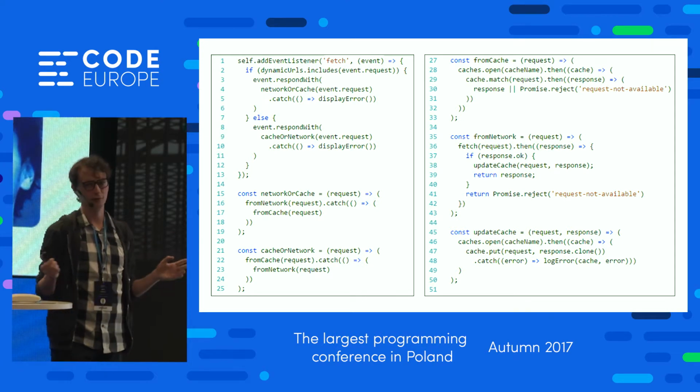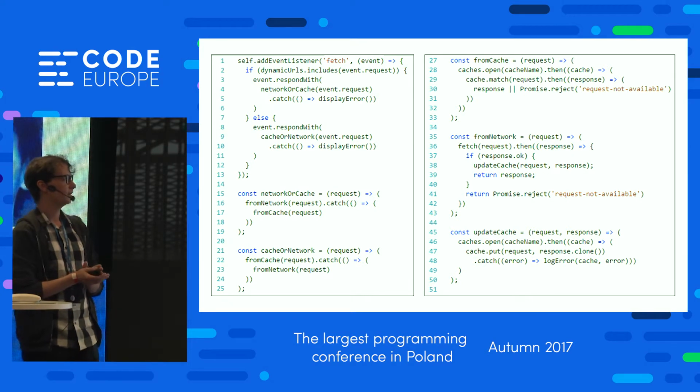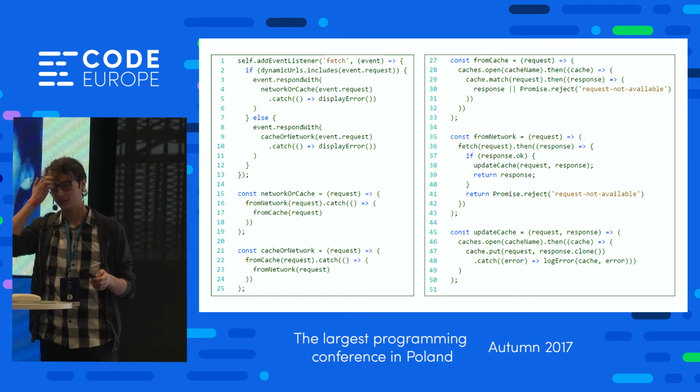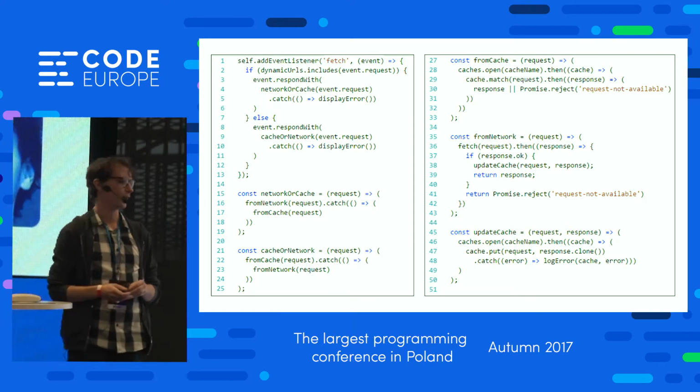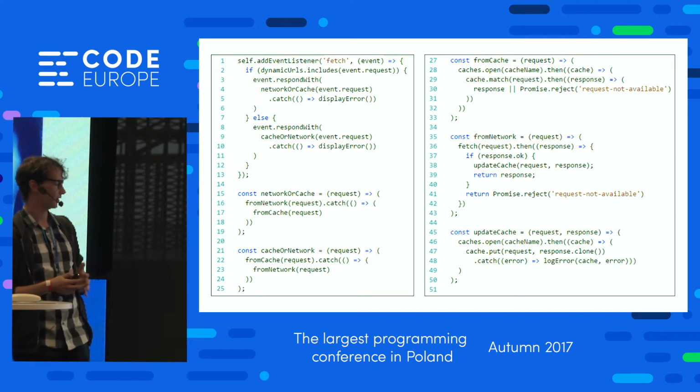Let's assume that you didn't find it either in network or in cache, you still display an error, so you handle gracefully your lack of data to the user. You handle users' offline status gracefully, actually.